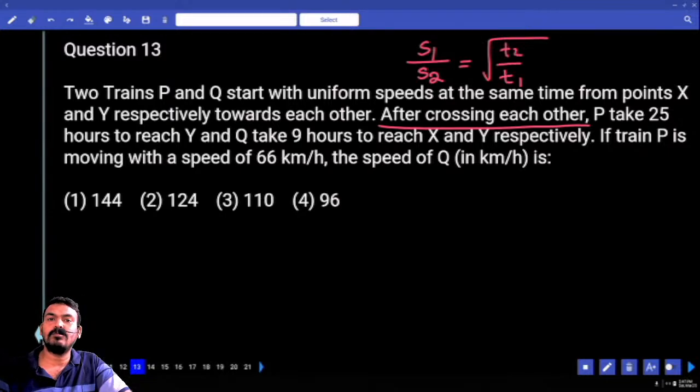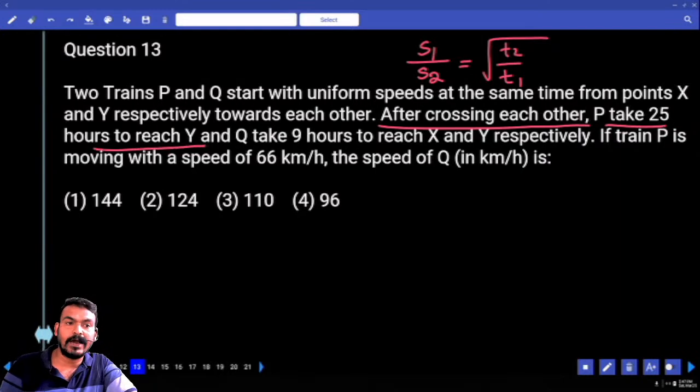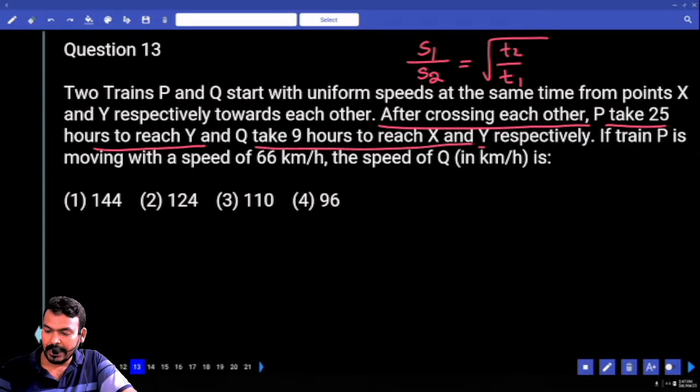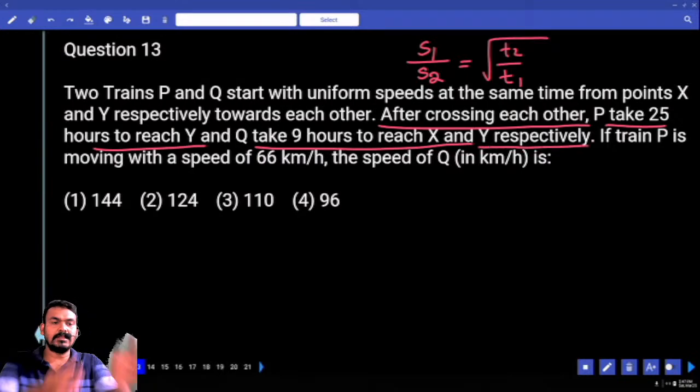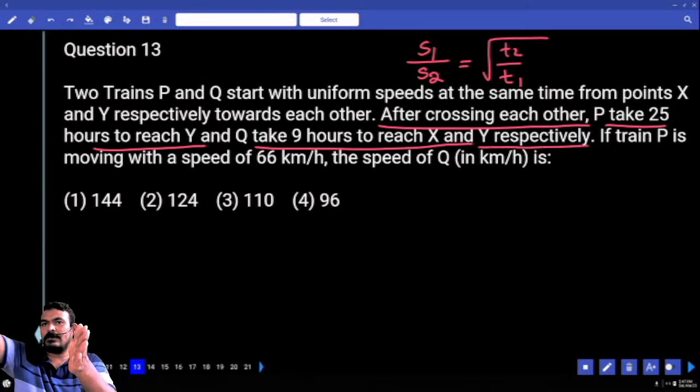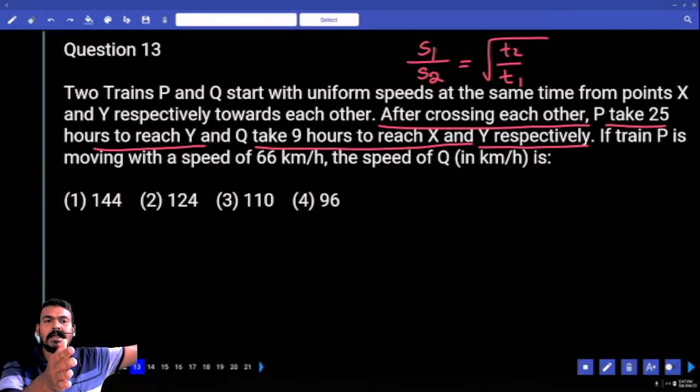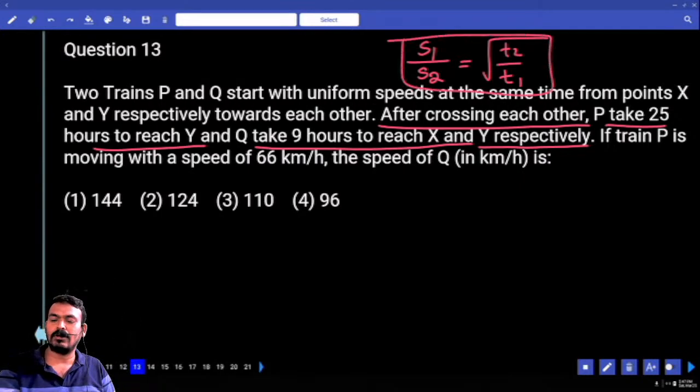P takes 25 hours to reach Y and Q takes 9 hours to reach X. After meeting, one reaches the destination in 25 hours and another in 9 hours. After crossing or after meeting, we directly write the formula S1 by S2 equals the square root of T2 by T1.